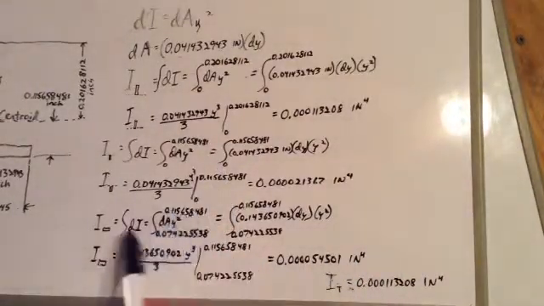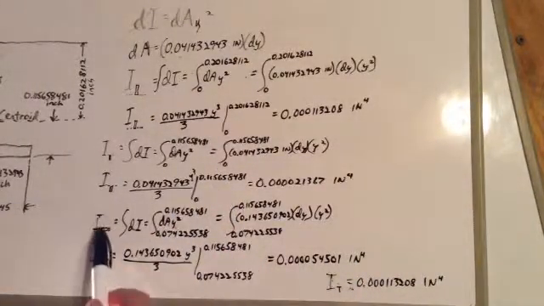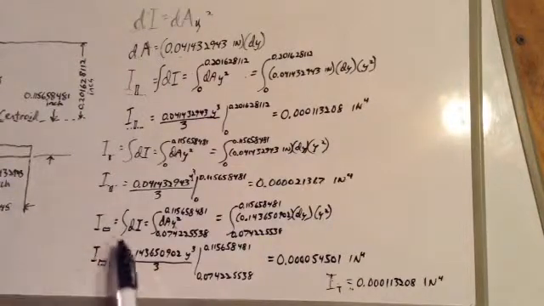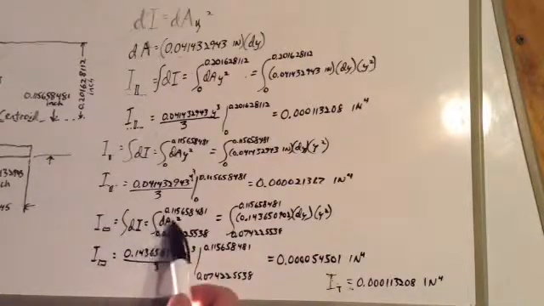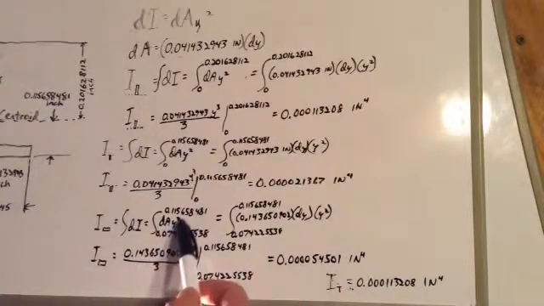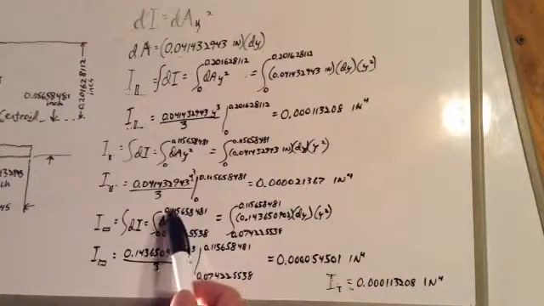Okay, we're calling it this, our moment of inertia with that shape, the bottom part of the L. It's the integral of all the little dI's there that we're going to look at, which is the integral of all the little dA's that we're going to look at, times the square of their distances from the centroid line.